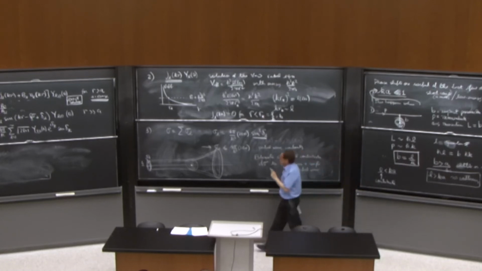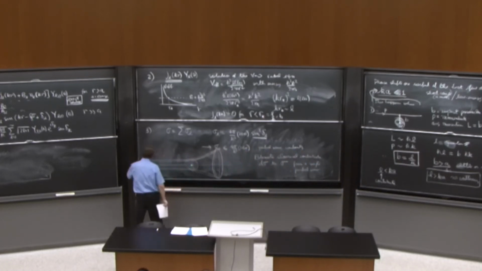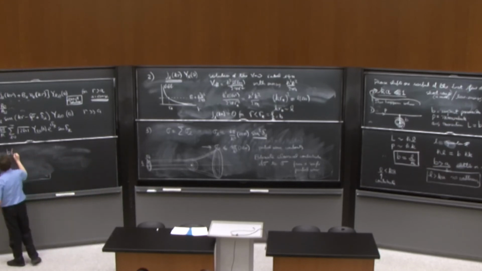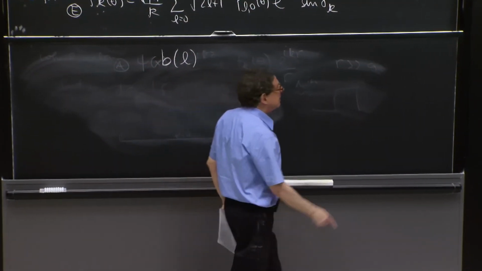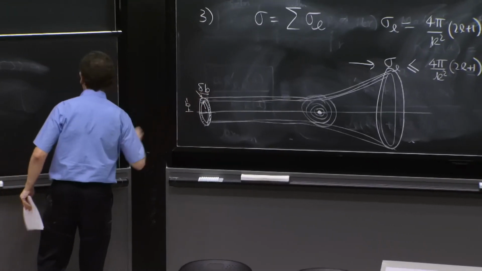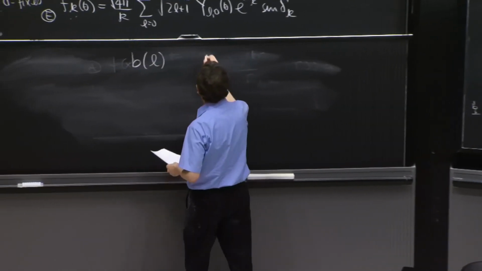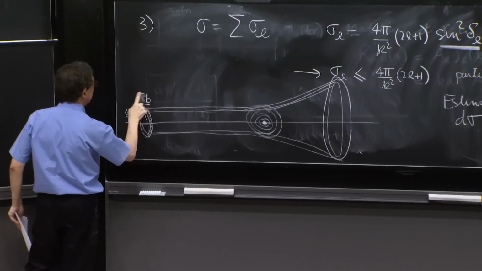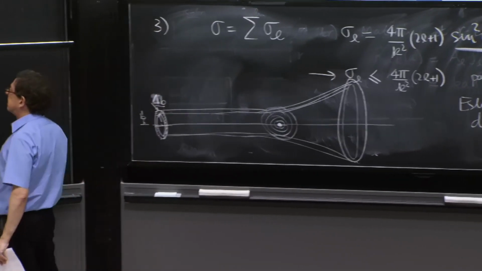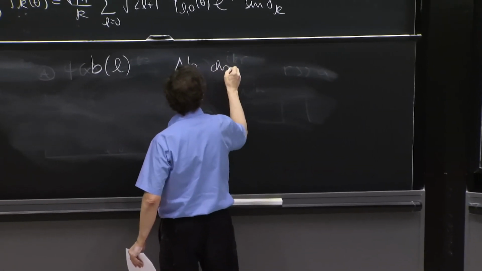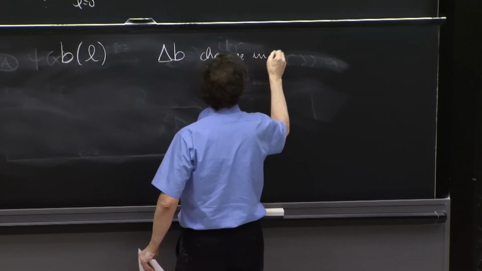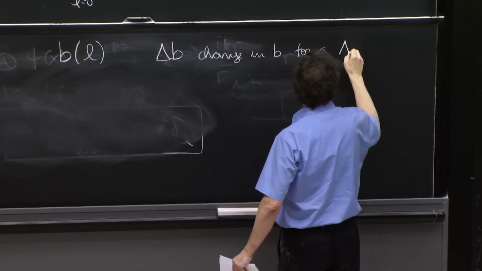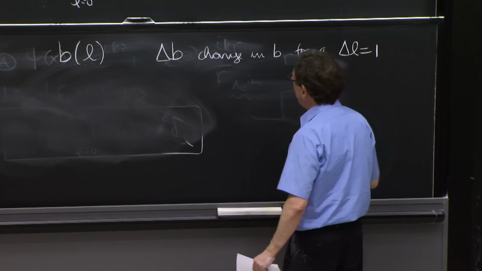Think of this as the B of a given L, and this delta B is the change in B for delta L equal 1.